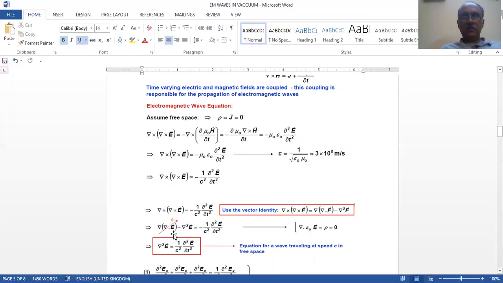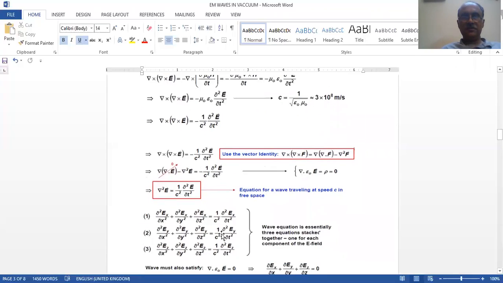And we all know that for the problem concerned, which is a region of free space, there is no rho and no J. So you can put divergence of E equal to 0, and thus we come to the uncoupled wave equation for E, which is del square E equal to 1 upon c square del square E upon del t square. So this gives the equation of a wave traveling at speed c in free space.